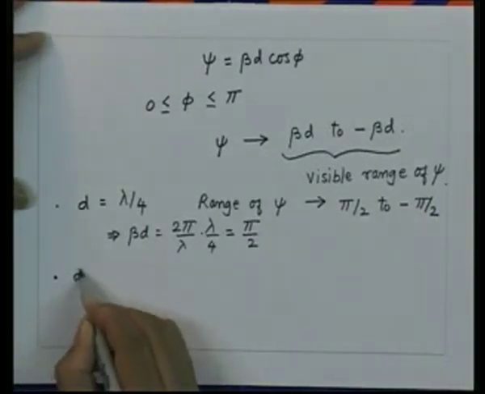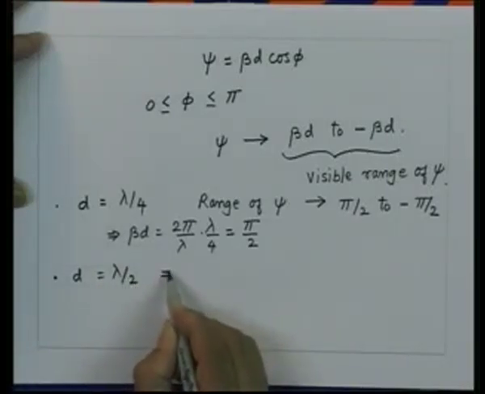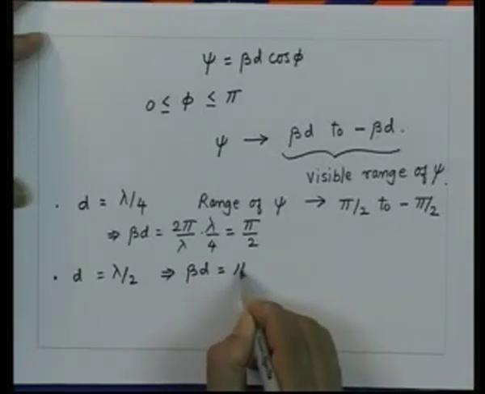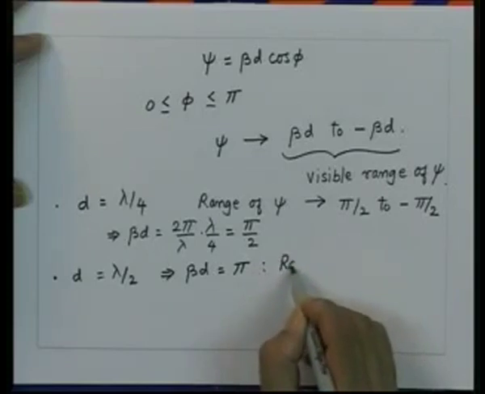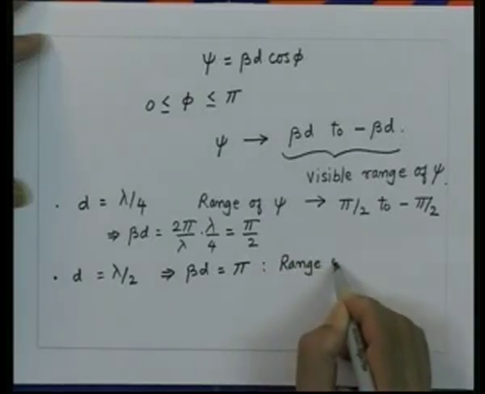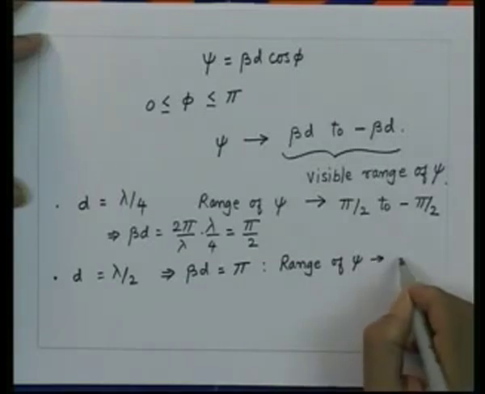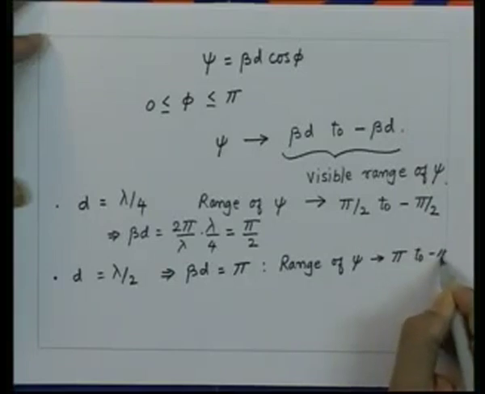If I take d equal to lambda by 2, that would correspond to beta d equal to pi. So the range of psi would be pi to minus pi.